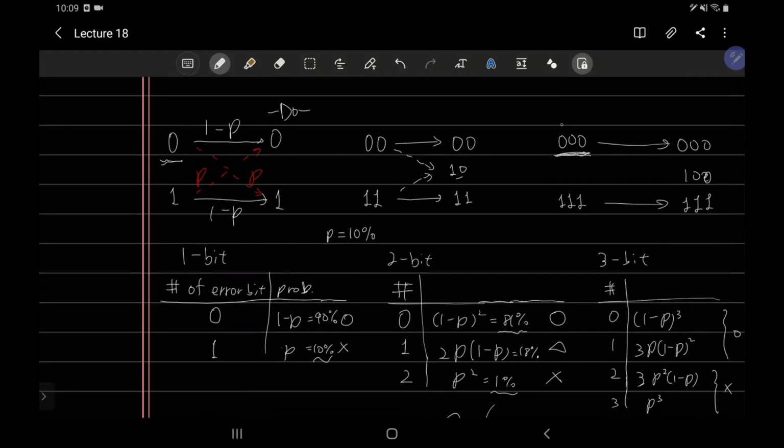However, because we are using 3 bits, each of these 3 bits is called a physical bit. So for the 3-bit encoding case, we are using 3 physical bits to transmit 1 logical bit. Similarly for the 111 case, we use 3 physical bits, but only 1 logical 1 will be transmitted.